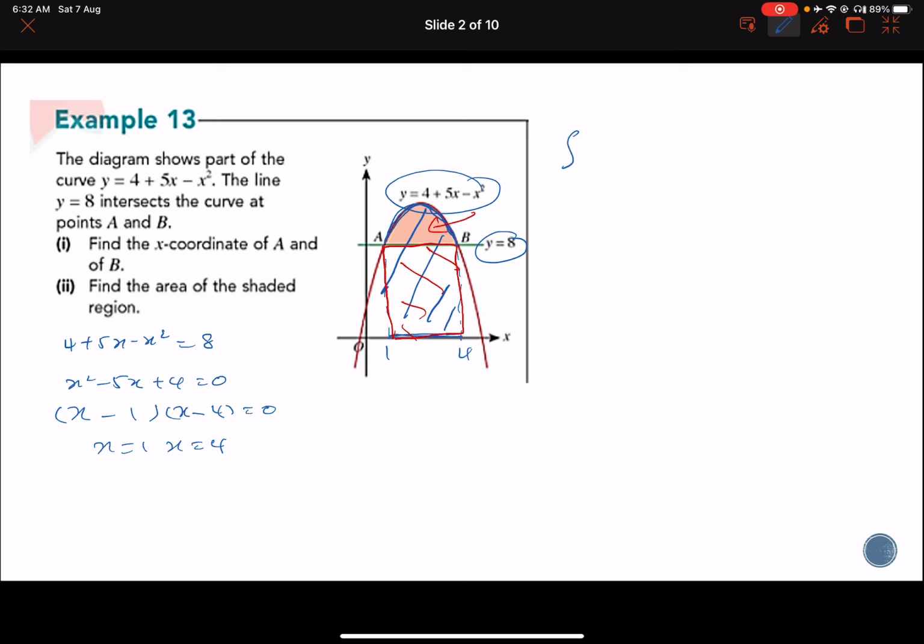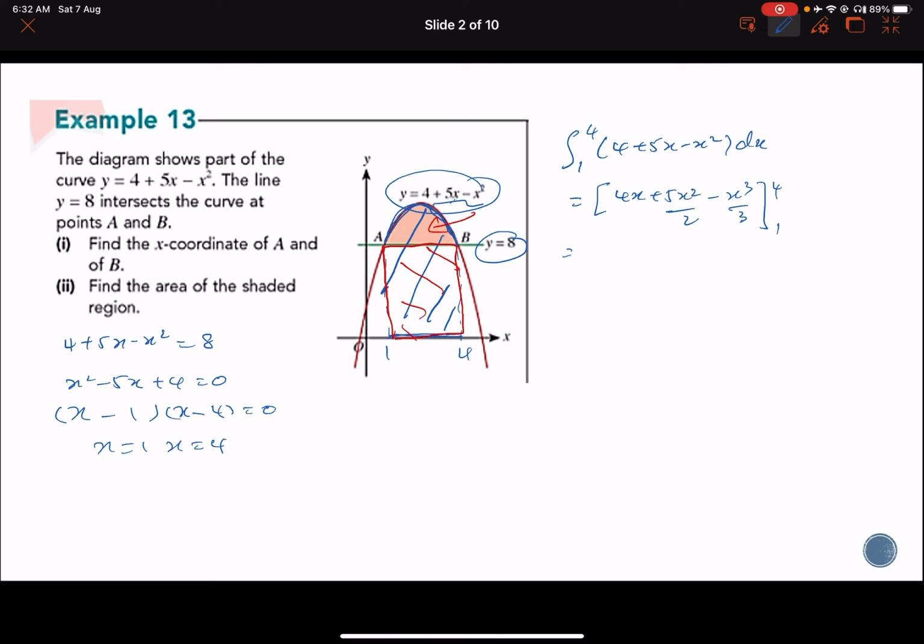So you can integrate between 1 to 4, and this is going to be your curve that you're going to use, which is 4 plus 5x minus x squared dx. So you're getting the entire blue one, all right? So this will give me 4x plus 5x squared over 2 minus x cubed over 3. So you're integrating between 4 and 1.